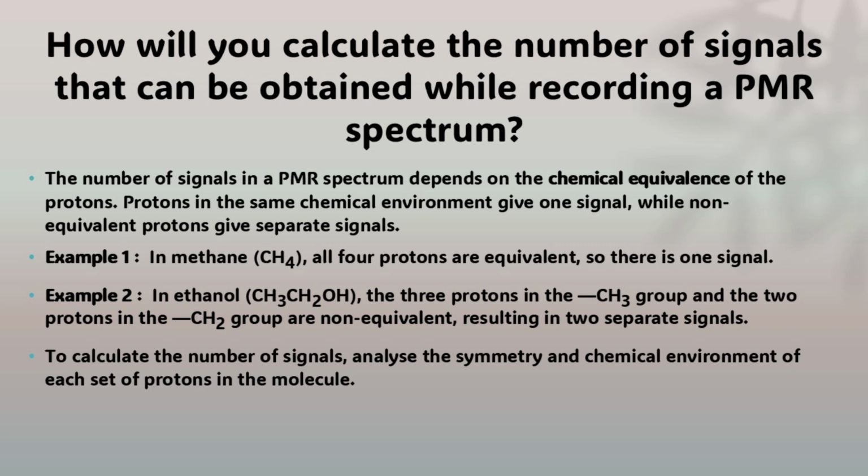Example 1, in methane, CH4, all four protons are equivalent, so there is one signal. Example 2, in ethanol, CH3CH2OH, the three protons in the CH3 group and the two protons in the CH2 group are non-equivalent, resulting in two separate signals. To calculate the number of signals, analyze the symmetry and chemical environment of each set of protons in the molecule.